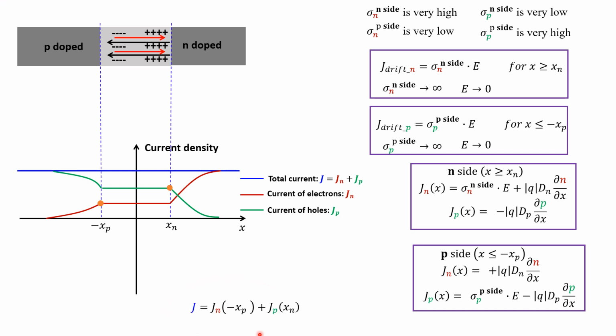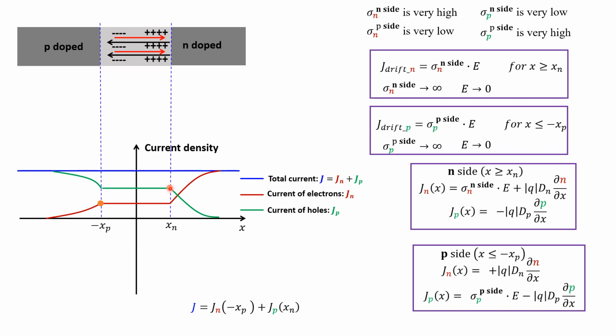So our strategy then is to calculate the total current by evaluating the current due to electrons at the edge of the depletion region and the p side, so at this point. So this is why we're writing here the current, which is a function of space, but evaluated at a specific point, the edge of the depletion region with the p side, and the current of holes evaluated at the edge of the depletion region and the n side.